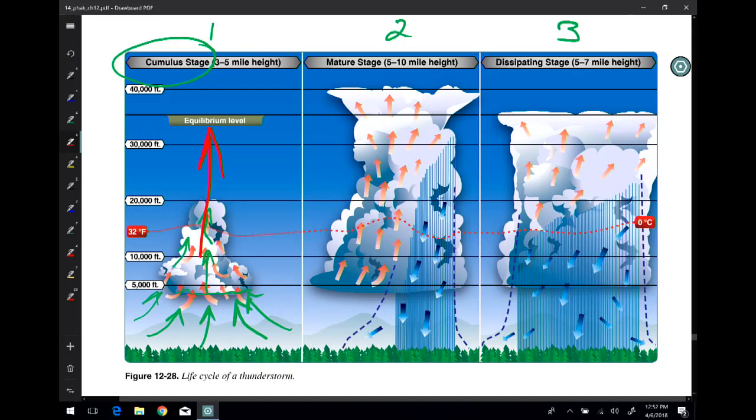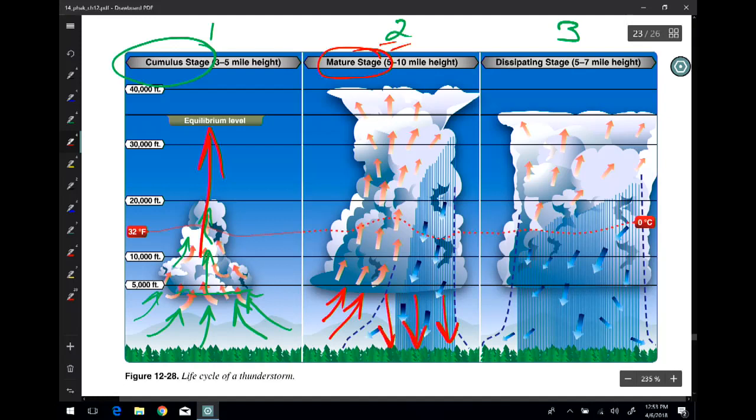As this gets bigger and bigger and bigger, then it reaches what we refer to as the mature stage. The mature stage, this is where you not only have the updrafts that we had talked about here before, but now you also have downdrafts.